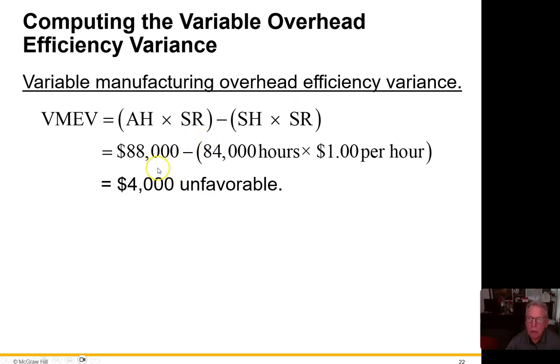And so in this case, we had 88,000 actual hours times the standard rate, and we had our standard hours of 84,000 hours times the dollar variable manufacturing standard rate. And that left me with a $4,000 unfavorable manufacturing overhead efficiency variance.